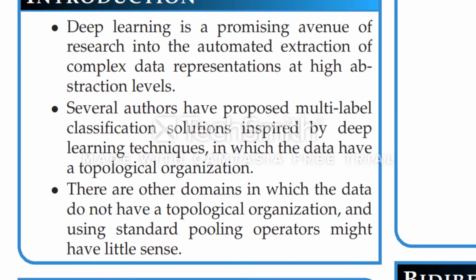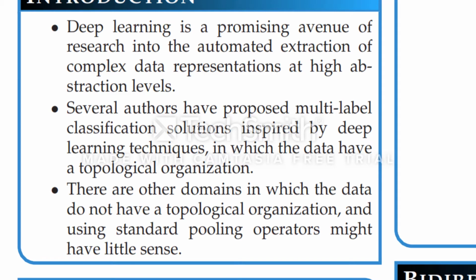For example, when using numerical descriptors to encode a protein, two distant positions in the sequence might be close to each other in a three-dimensional space. That behavior could not be captured with local pooling methods. In those cases, using a standard pooling operator might have little sense, even when the problem at hand could benefit significantly from a deep learning solution.